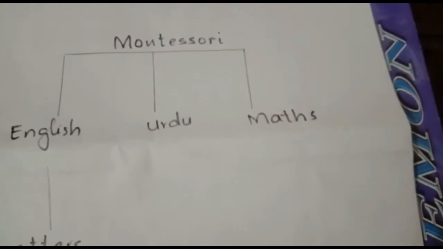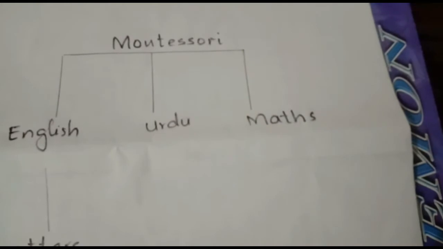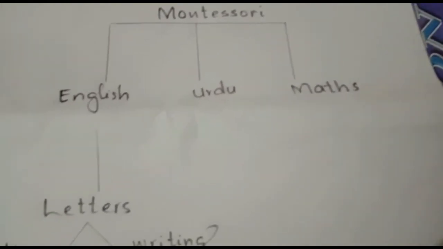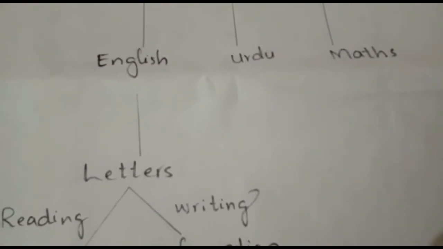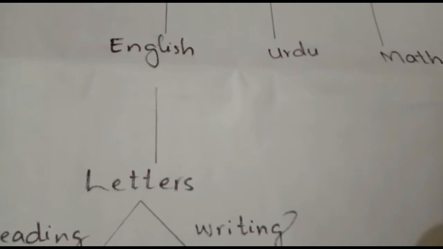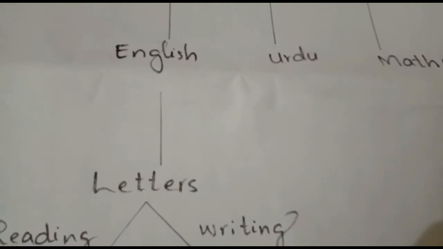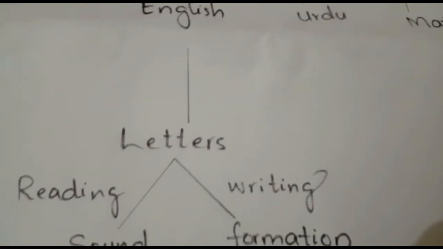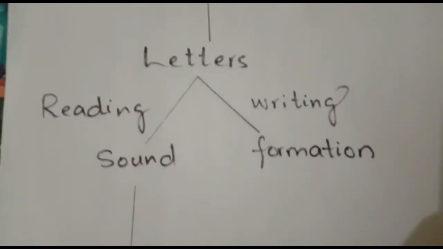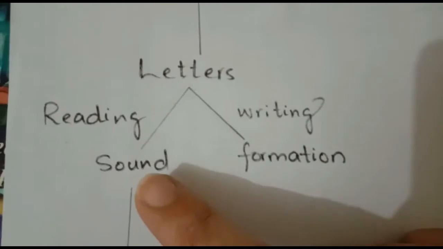In Montessori, we deal with three subjects: English, Urdu and Maths. Today I will talk about the English subject. In the English subject we learn about the letters, and it has two parts: reading and writing. Today I will discuss the reading part in front of you.